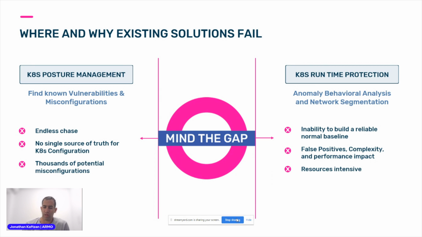When it comes to posture management, basically it's an endless chase. There will always be a misconfiguration and vulnerability that you need to deal with, right? Almost every week a new critical CVE is being published. Every new version of Kubernetes is bringing more complexities and more types of misconfiguration that you need to deal with.